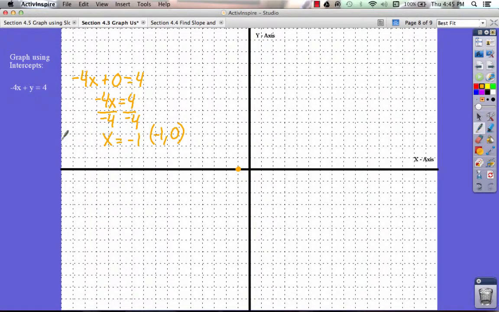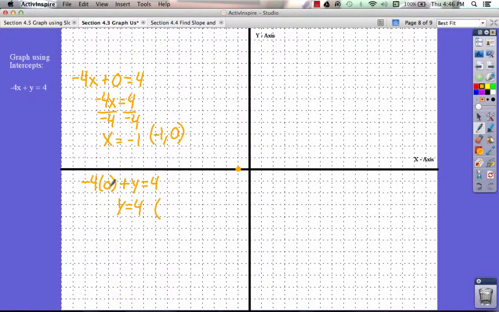Step 3, plug 0 in for x, solve for y. So you get negative 4 times 0 plus y equals 4. Negative 4 times 0 is 0, so y equals 4. We have to write the coordinate.